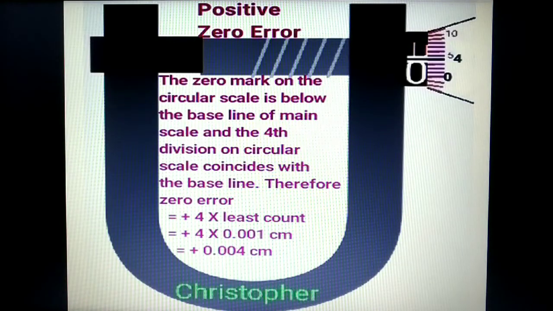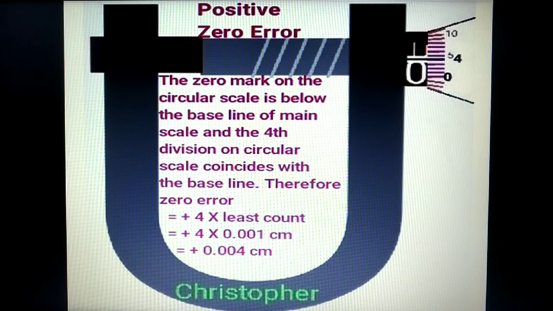The first example of positive zero error. We can see here, on bringing the stud and the screw together, the zero mark on the circular scale, you can see the black zero on the circular scale, is below the baseline of the main scale. And we also see that the fourth division on circular scale coincides with the baseline.